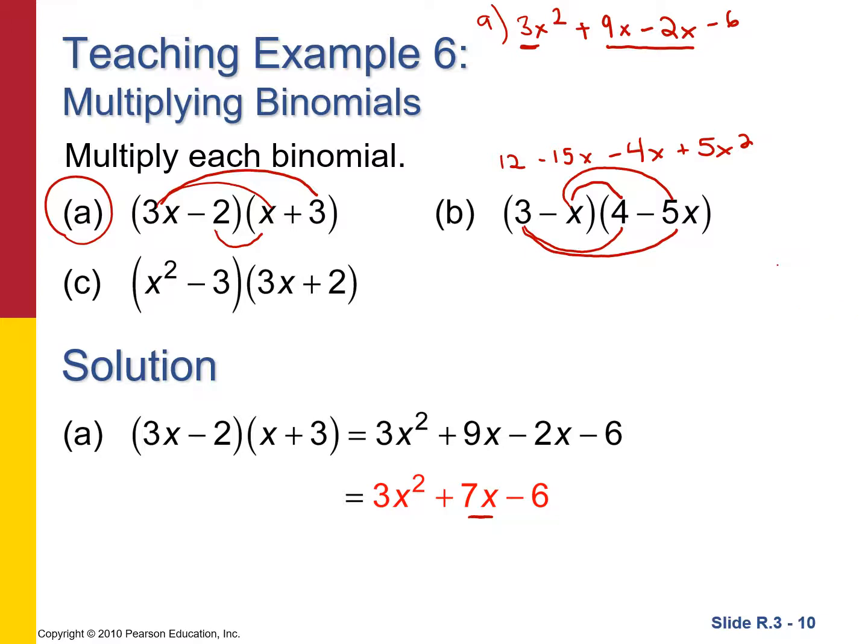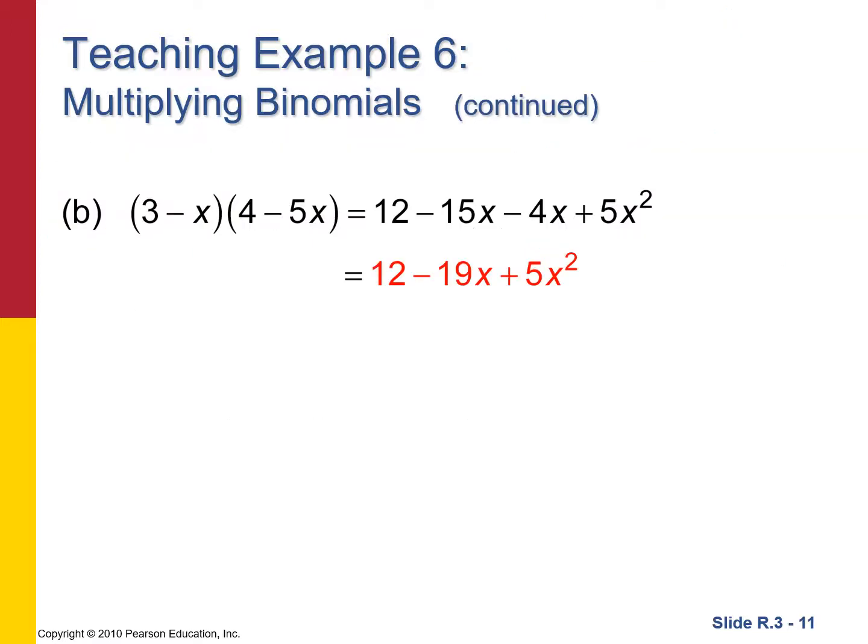Now, you want to do it in order of the highest exponent. So you're actually going to rewrite B. Oh, they didn't rewrite it. But typically you can rewrite B in the order of the highest exponent.